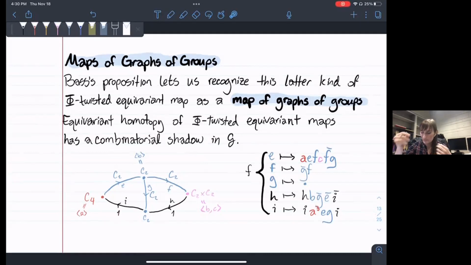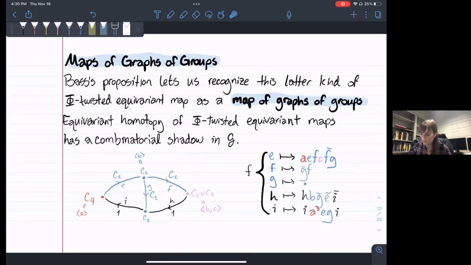Okay, so that's fine. And then you're also allowed to pull vertex groups across edges, provided that the image of the vertex group really allows you to do that pulling across.